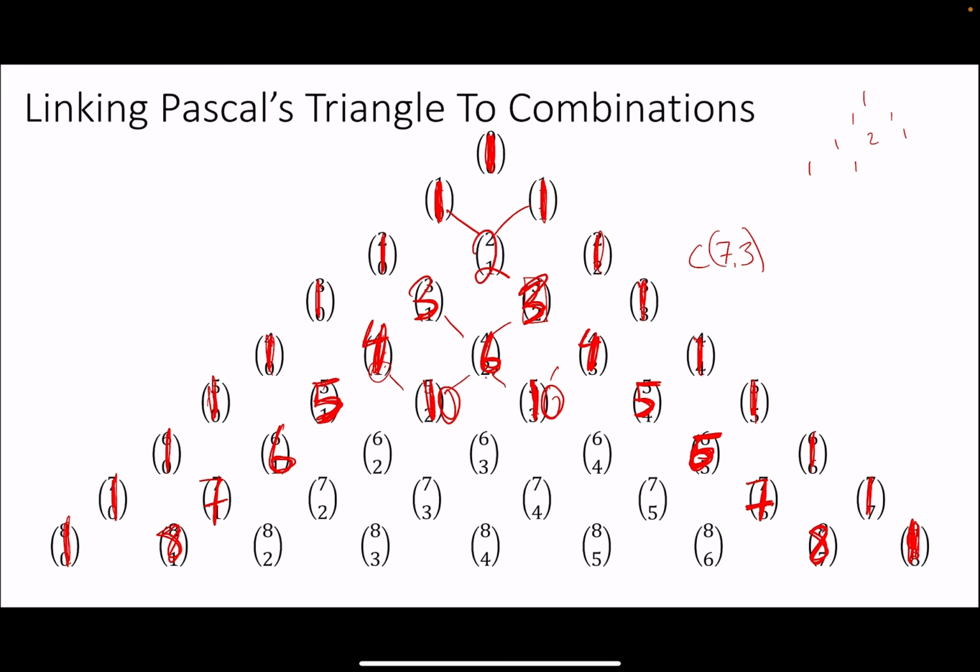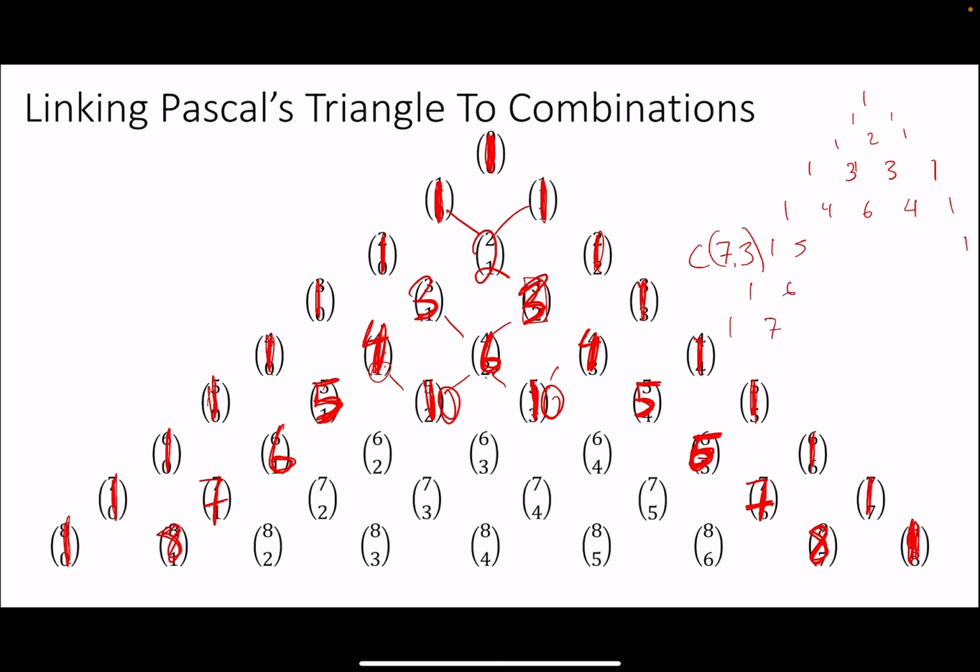Well, a real quick way is just to go 1, 4, 6, 4, 1. And basically if I get to 7, I have it here, 1, 5, 6, 7.